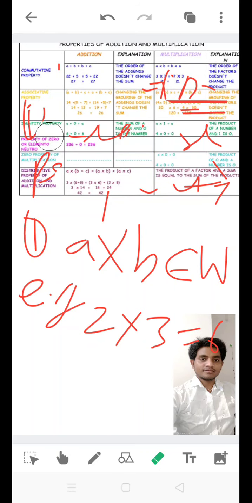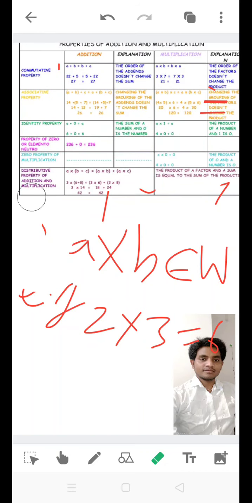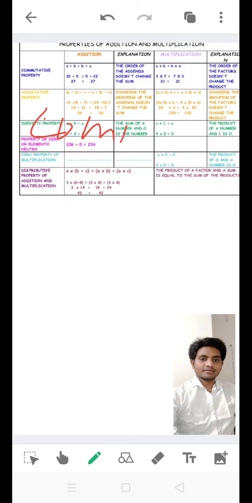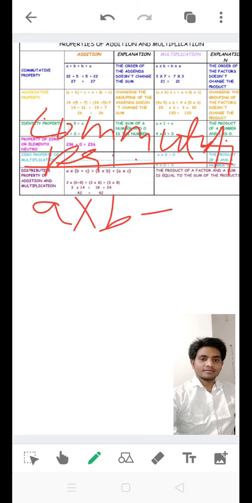Second one is commutative property. Once again we discuss commutative property, but in this property we take operation multiplication. A into B equal B into A, both are equal to each other.